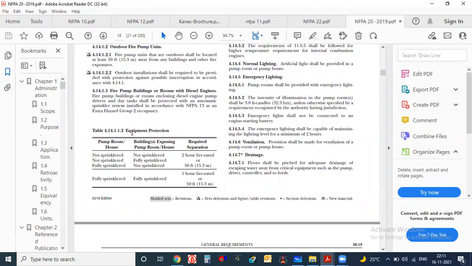And here they have given protection of the fire pump. This is the pump room or house, not sprinklered, fully sprinklered building, required fire rated. Now this particular data is actually about fire dampers. HVAC people will do these calculations for fire dampers, and they will only give the requirement: how much fire rated damper, motorized fire damper, how much the fire rating will be. These things will normally be done by the HVAC people, but here also they have given it. So why is the fire damper mentioned here?